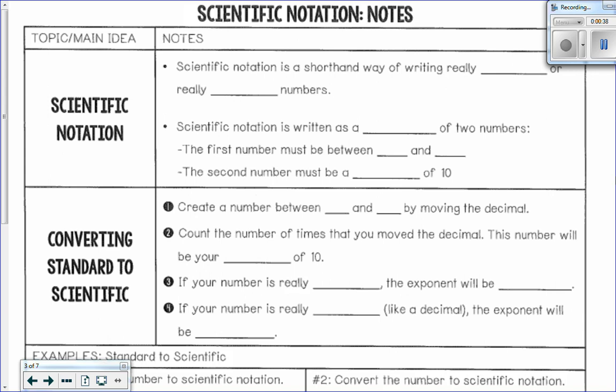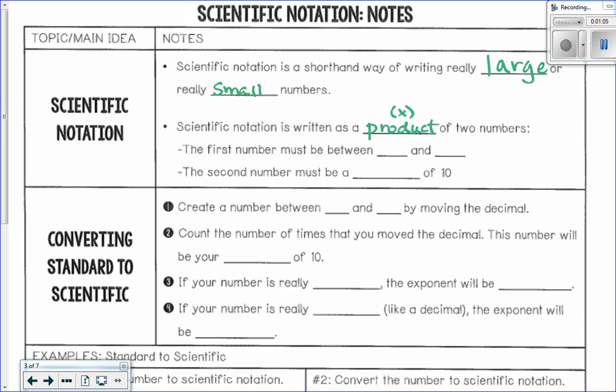All right, scientific notation. Scientific notation is a shorthand way of writing really large numbers, or really, you got it, small numbers. Scientific notation is written as a product of two numbers.